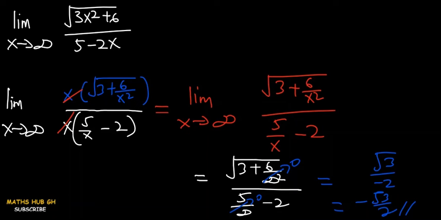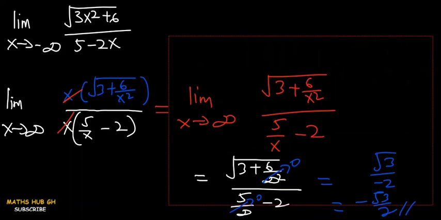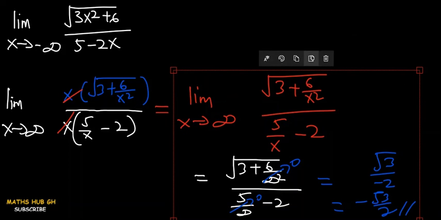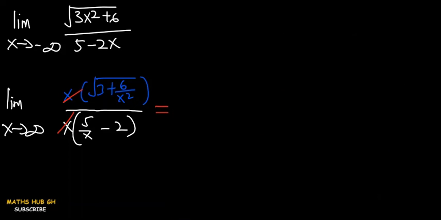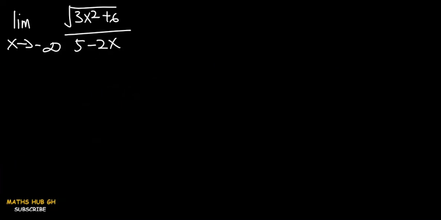Okay, so let's look at another case. What if x is approaching minus infinity? Let's look at that case also. In this case, we are considering x to be approaching minus infinity. With this one, I'm going to skip the factorization process, because we already know how to do that.